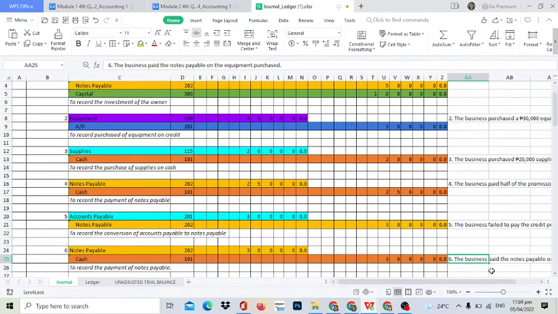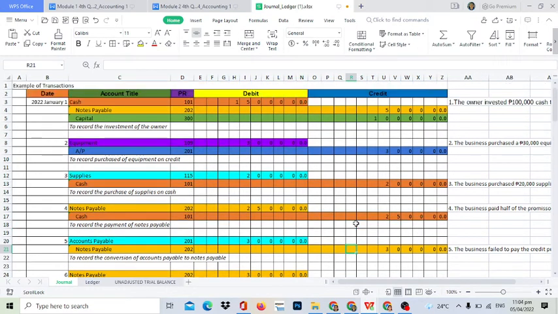Okay, so yung notes payable po, i-enter natin yung amount sa debit because of decreasing of the liabilities. And then the cash is under credit because of decreasing of an asset or current assets. Okay, and then explain also that's to record the payment of notes payable.